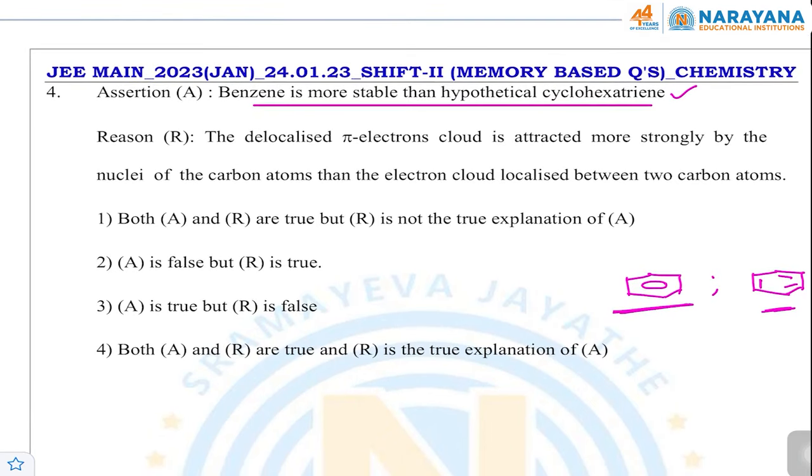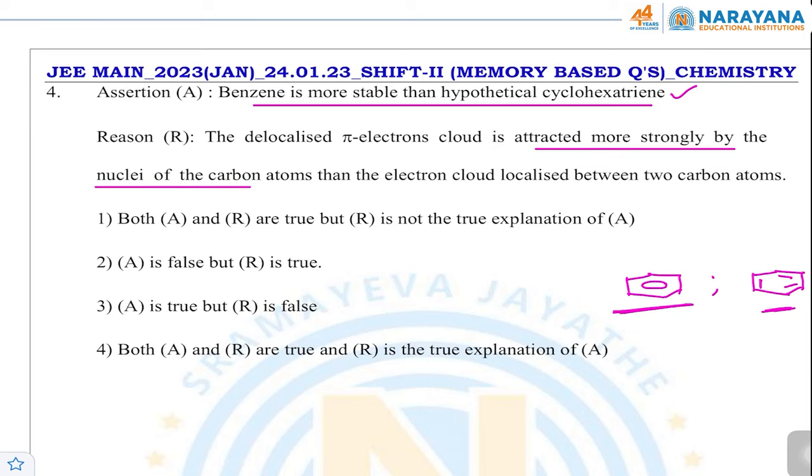The delocalized pi electron cloud is attracted more strongly by the nuclei of carbon. This is obviously correct. If it is not tightly or strongly attracted, it won't be more stable. As it is a delocalized electron cloud that is more stable, that should be strongly attracted by the nuclei. So both statements are correct.